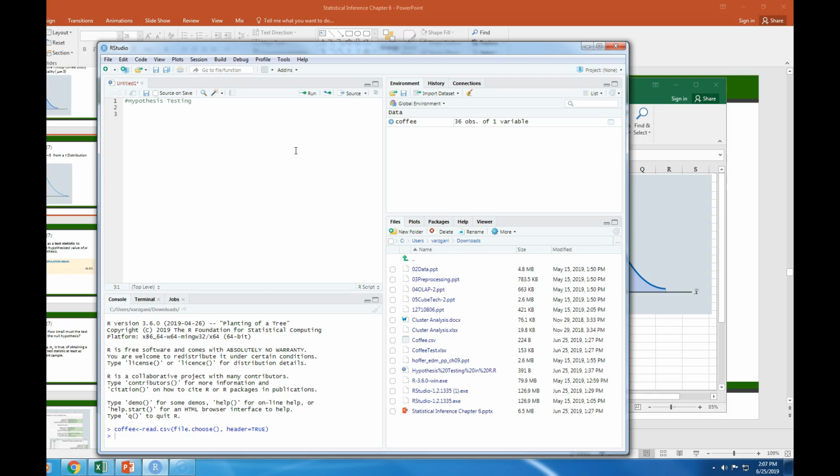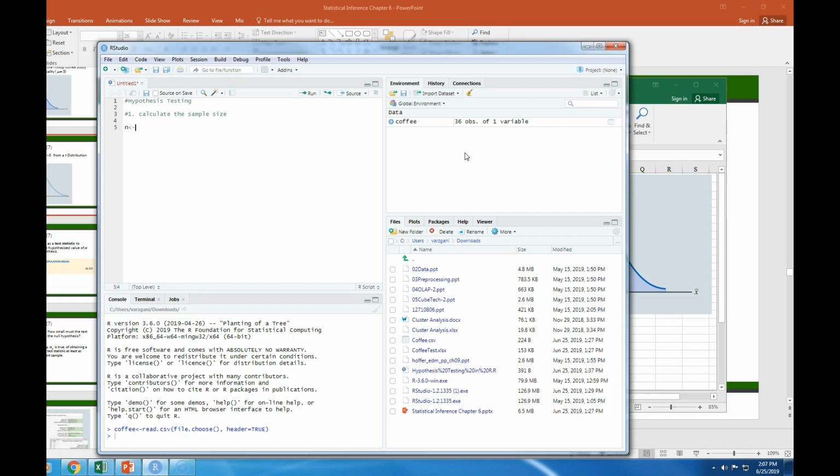So the first calculation that I need to make is to calculate the sample size. Obviously this was a small data set, so we already know that it's 36, but we just need to tell R what it is.